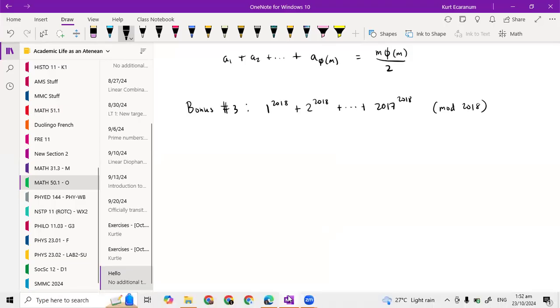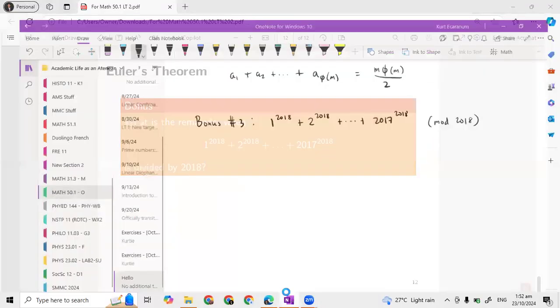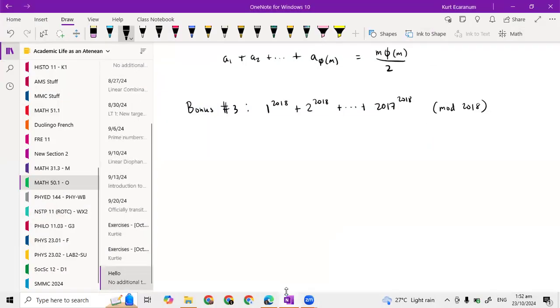Tama. Automatically, we can use Euler's theorem. So, if we let S be the sum, then wag na tayo mag-let S. Ito na lang. Sulat na lang talaga natin.